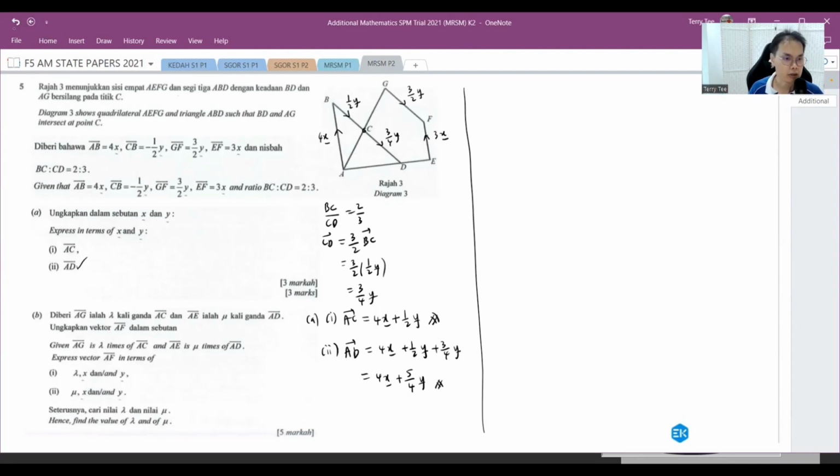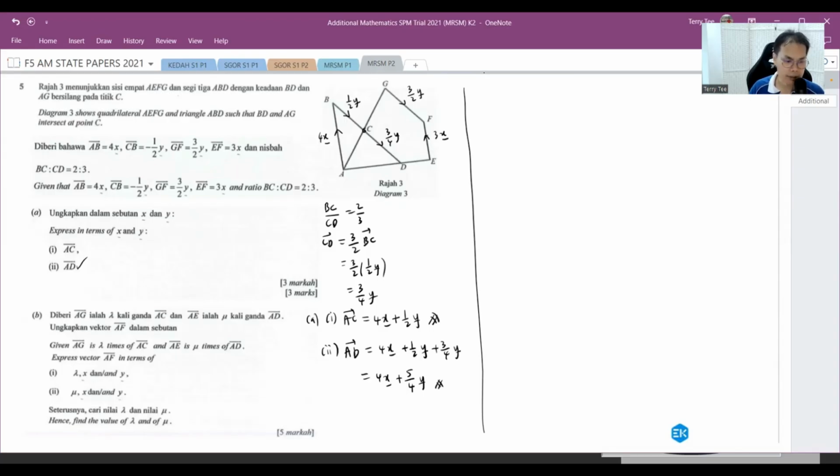Okay, next, part B. You're given AG is lambda times of AC, and AE is mu times of AD. You're supposed to express vector AF. So that means I want to go from A to F, first in terms of lambda.